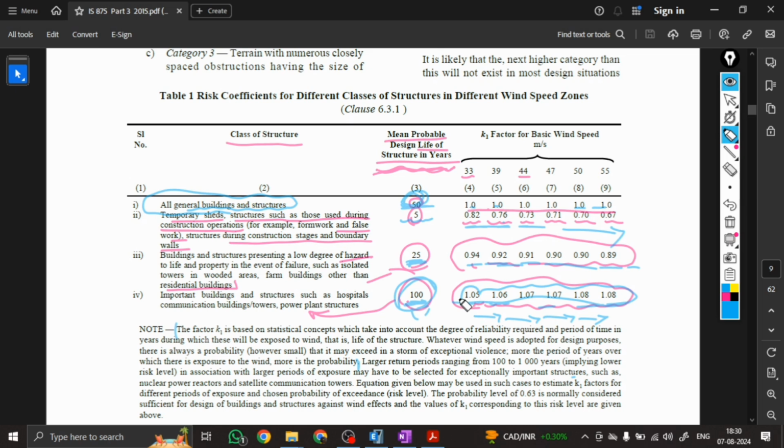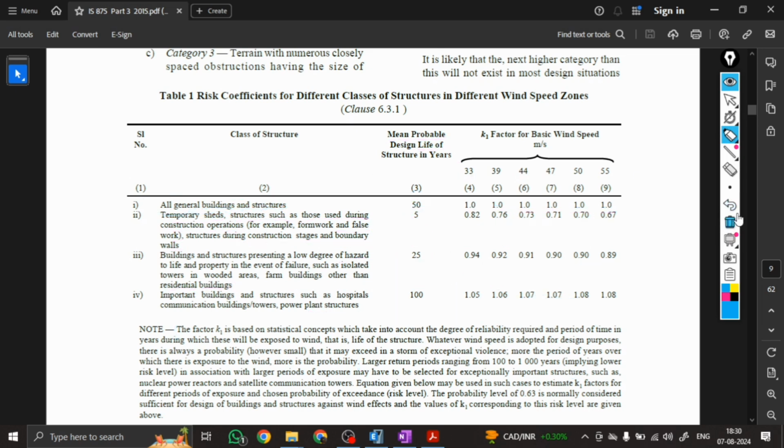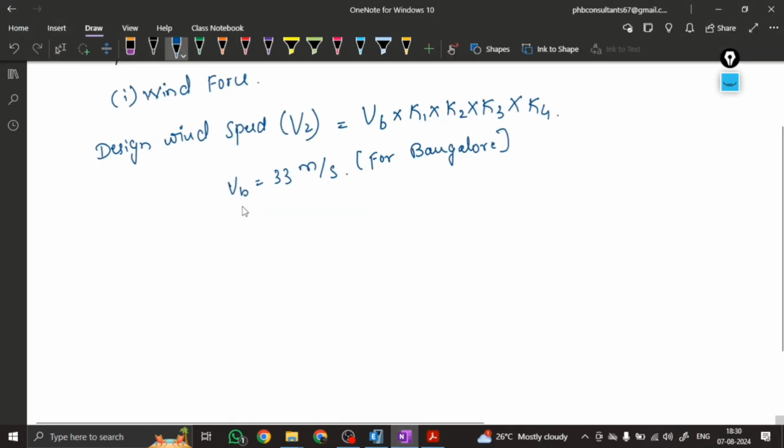Now, according to our building, ours is a normal building and the design period is 50 years. And 33 is our wind speed. So we will take K1 as 1.0. So our K1 value is 1.0.